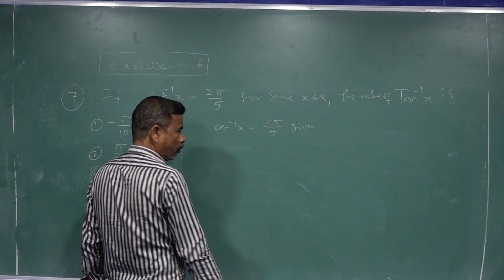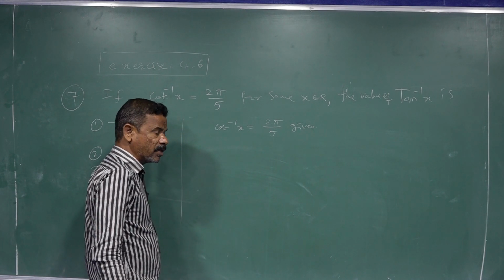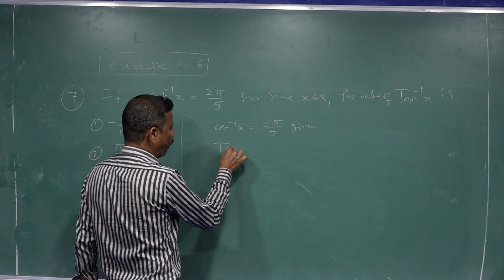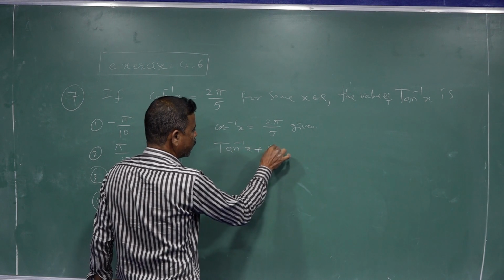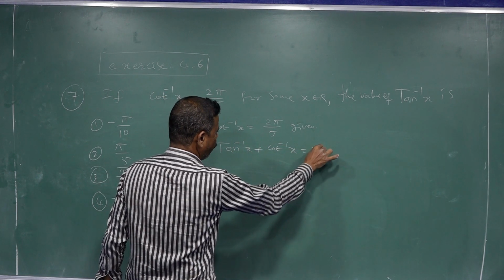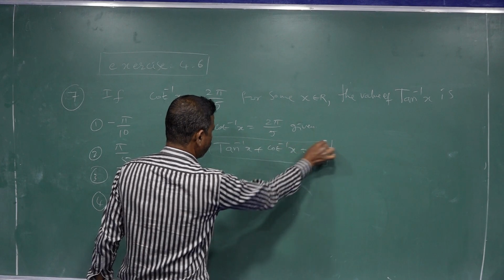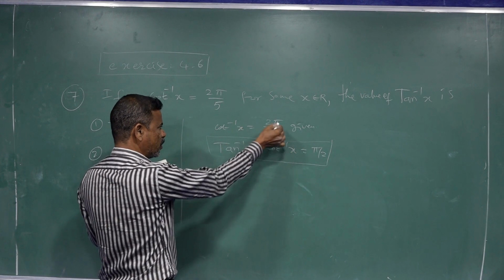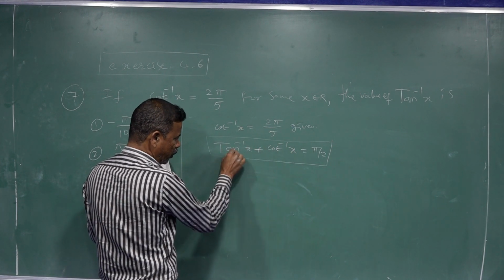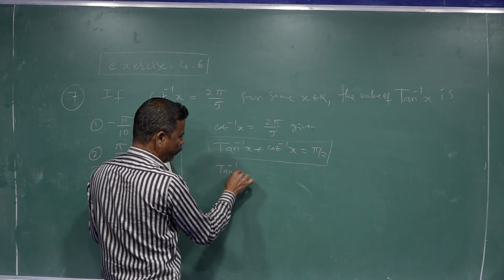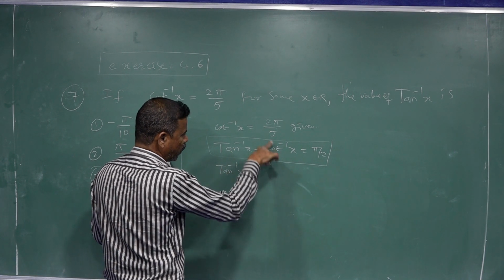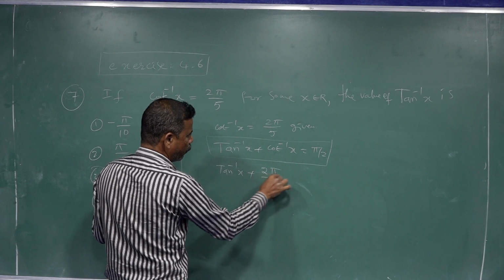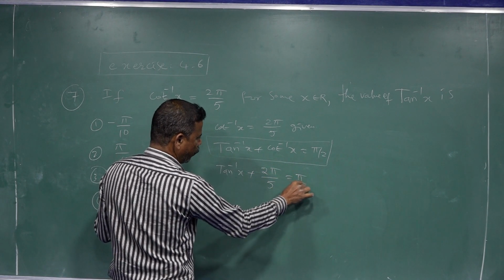But in terms of tan inverse and cot inverse, one formula is having tan inverse of x plus cot inverse of x is equal to π/2. This is the formula. By using this formula, cot inverse x is 2√5/5. Substitute here. Then tan inverse of x plus cot inverse x value 2√5/5 is equal to π/2.